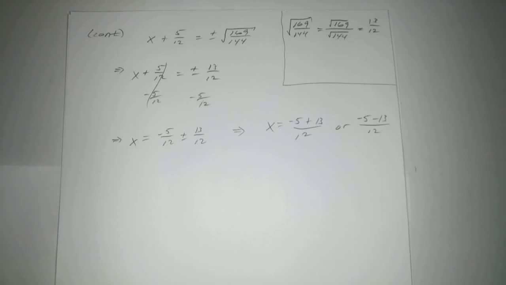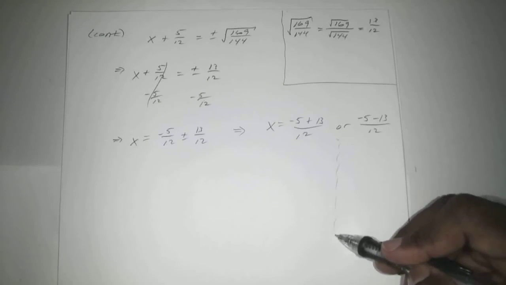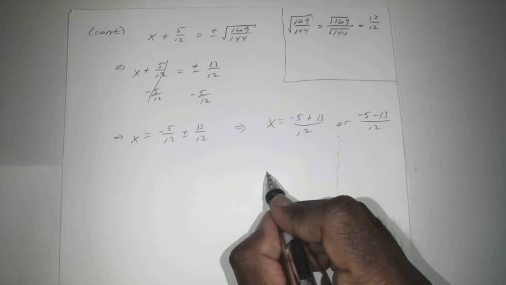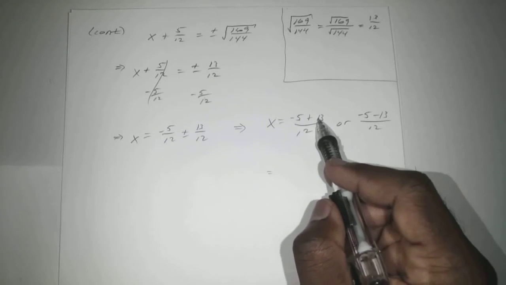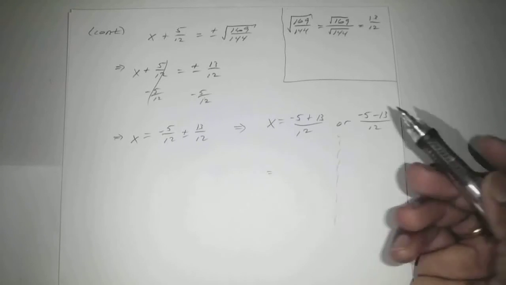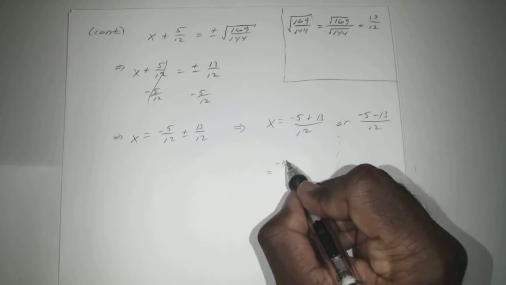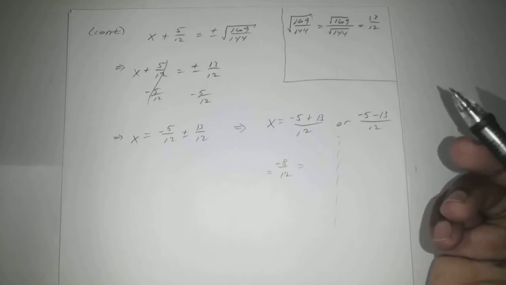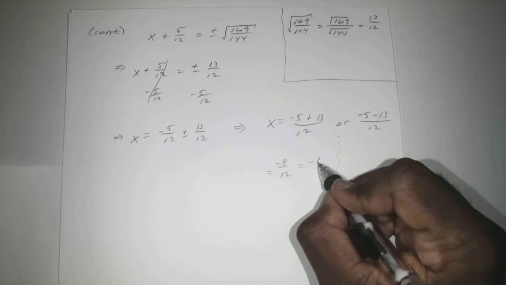Negative 5 plus 13 over 12. Negative 5 plus 13 is negative 8 over 12, which simplifies to negative 2 over 3.